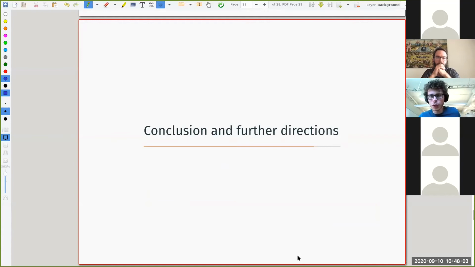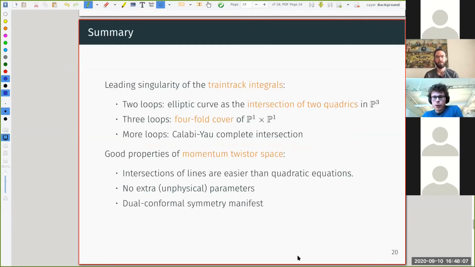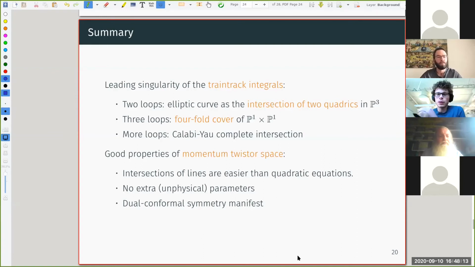Okay, so then I'm already going to conclude here. So what did we do here? We looked at this leading singularity of the train track integrals, but we did this in momentum twistor space, not by looking at Feynman parameters. What we saw is that for two loops, for this double box integral, we could get the elliptic curve as an intersection of two quadrics in P3.